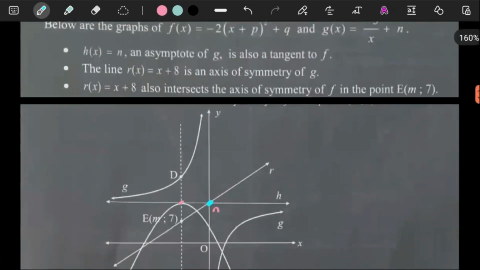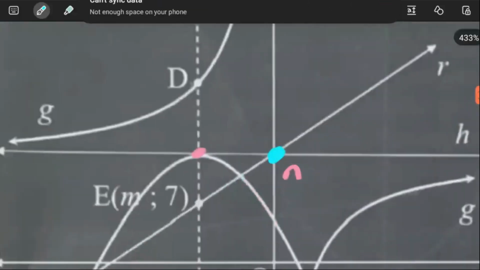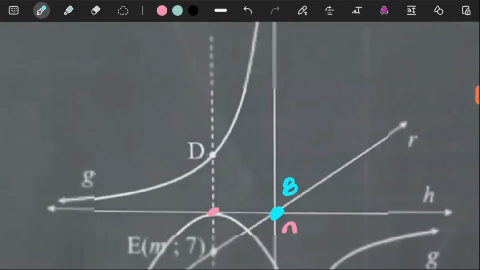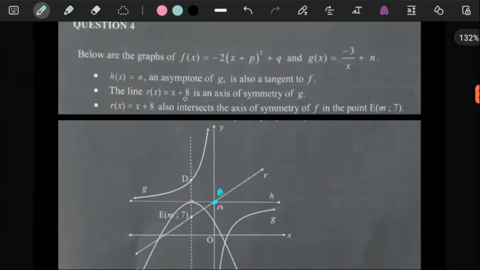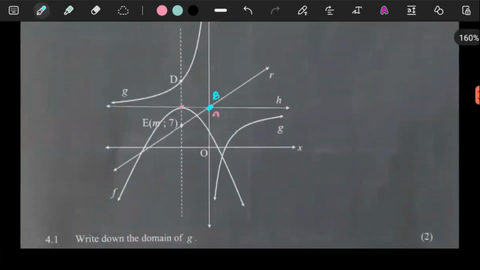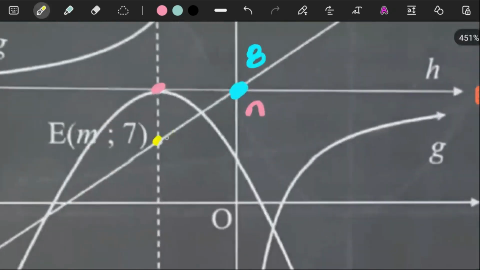Now, this y value has to be 8, because the y-intercept of the straight line is 8. So this here says r is equal to x plus 8 also intersects the axis of symmetry of f in this point. So this straight line also eventually cuts the line of symmetry here.